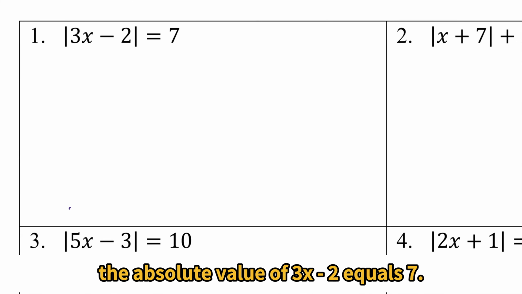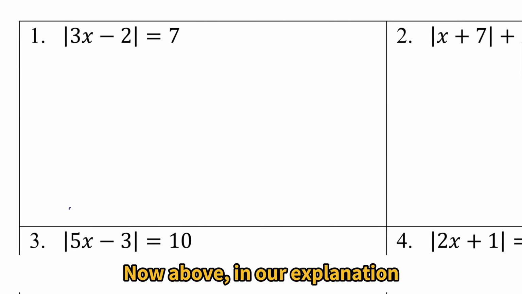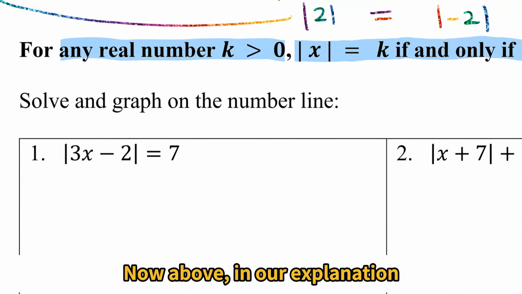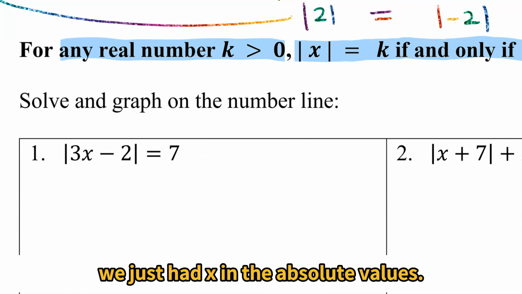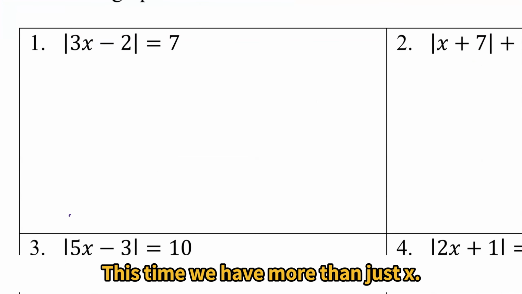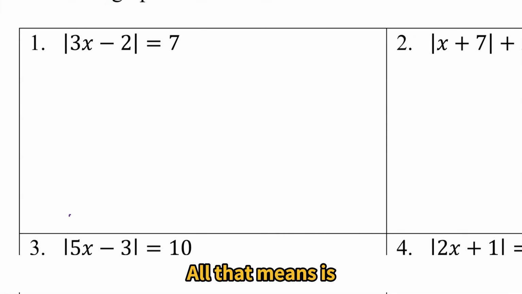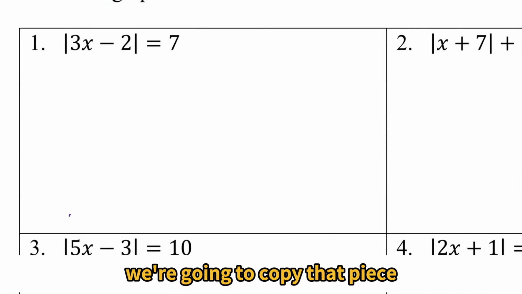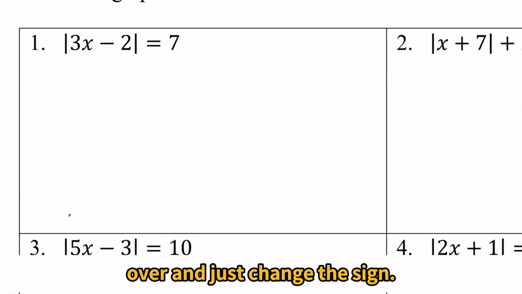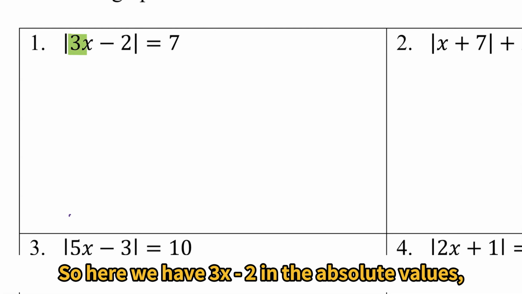So in the first one, the absolute value of 3x minus 2 equals 7. Now, above in our explanation, we just had x in the absolute values, but this time we have more than just x. All that means is we're going to copy that piece over and just change the sign. So here we have 3x minus 2 in the absolute values.